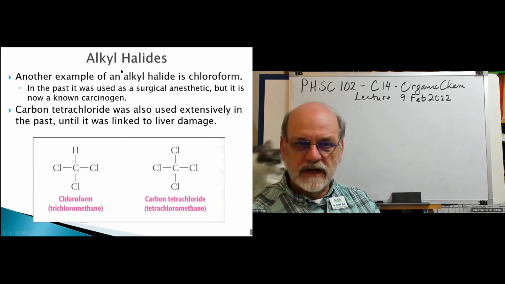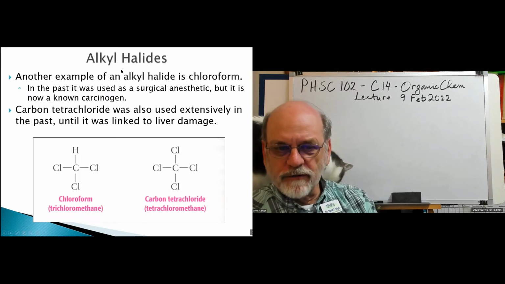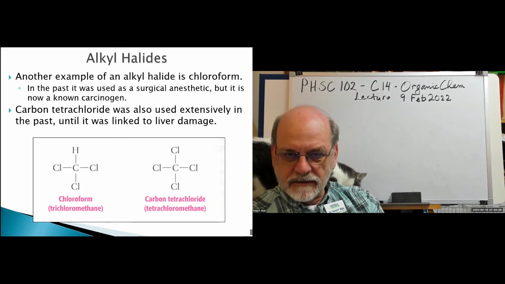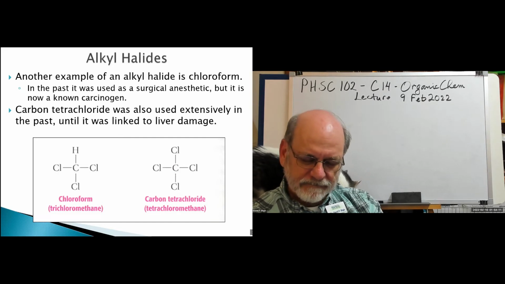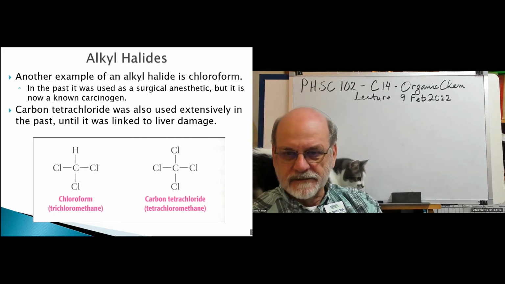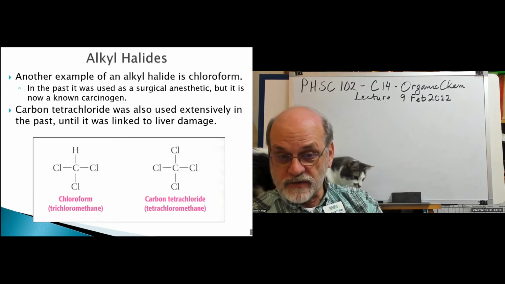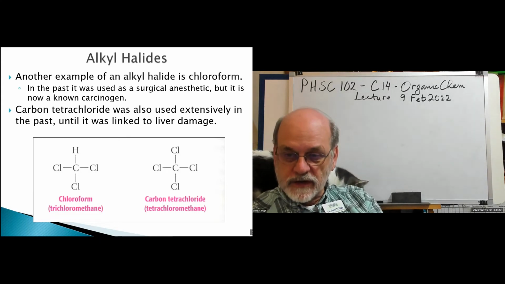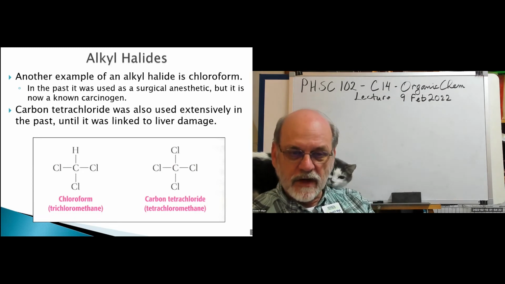Another example of an alkyl halide is chloroform, right? Everybody's heard of chloroform, right? It's an anesthetic. They used to put people to sleep for surgeries with chloroform. Had to be careful with it because you can reach a toxic level if you're not careful.